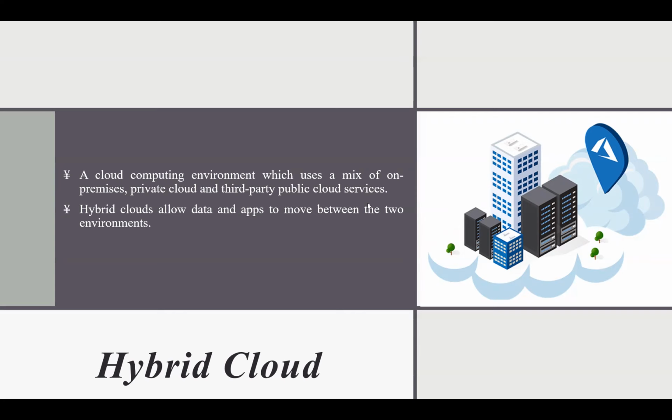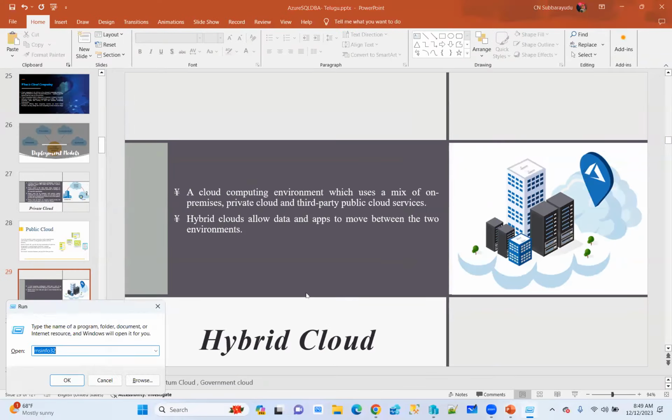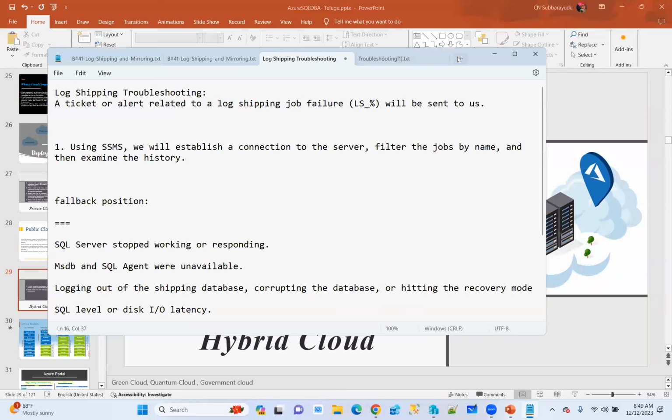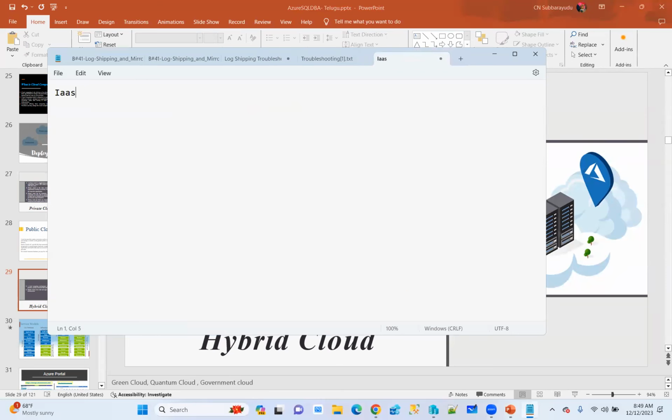Now you may ask this question: Subbu sir, I'm a little bit confused about IaaS. What services fall in IaaS? For example, in Azure we have virtual machines, virtual network, and storage account. These three services fall under IaaS.